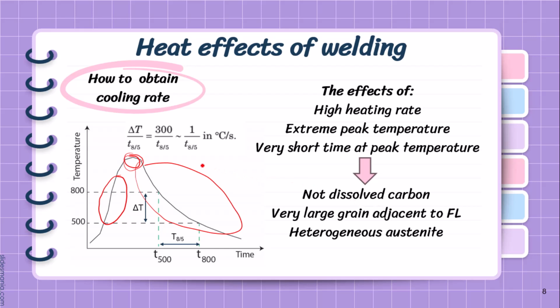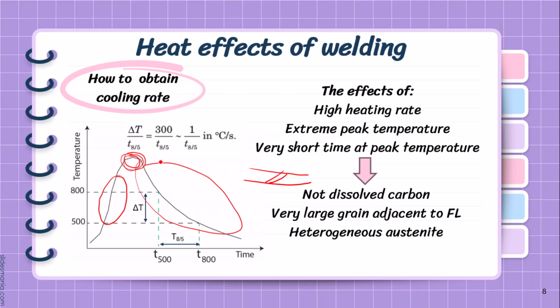We have some undissolved carbides. We have very large grains adjacent to the welding zone here, which is due to the high temperature that we have. And also we have the heterogeneous austenite, which is because of the short time that we have at the maximum temperature, and it inhibits the complete dissolution of the phases that we have.